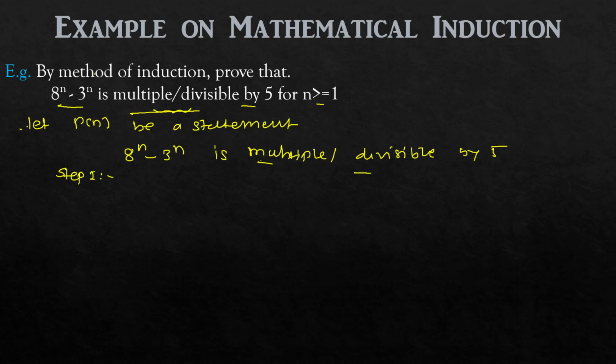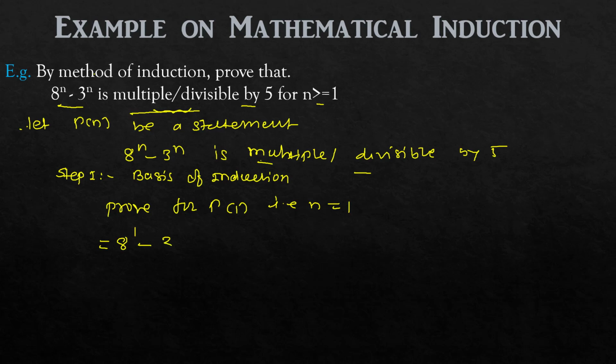Step number 1, basis of induction. Now what is basis of induction? That is proof for P of 1, that is n is equal to 1. So therefore 8 raised to 1 minus 3 raised to 1, here we get 8 minus 3 is equal to 5, equation number 1.